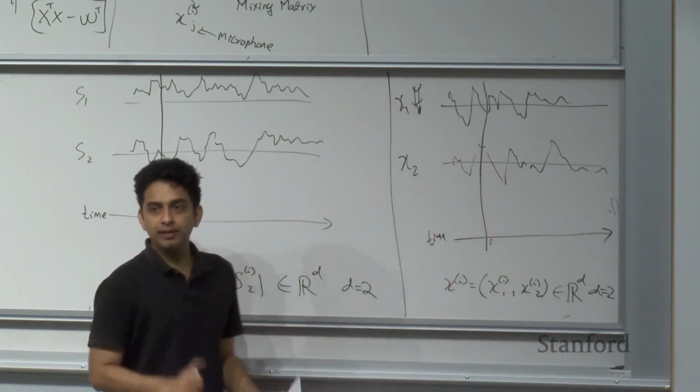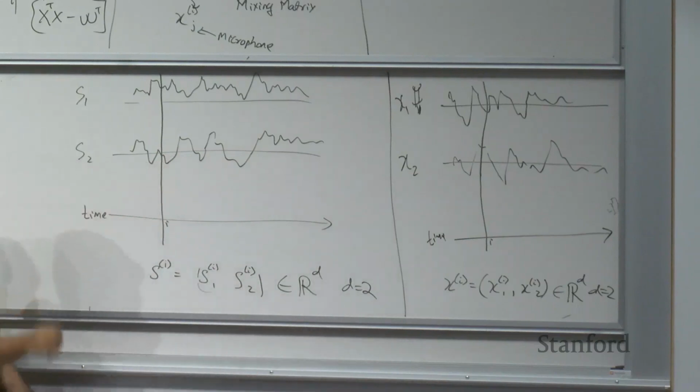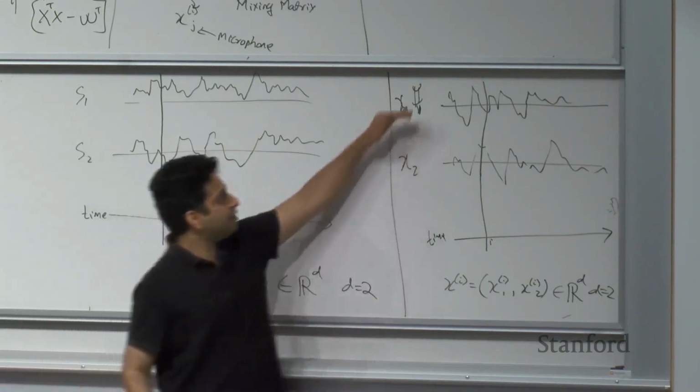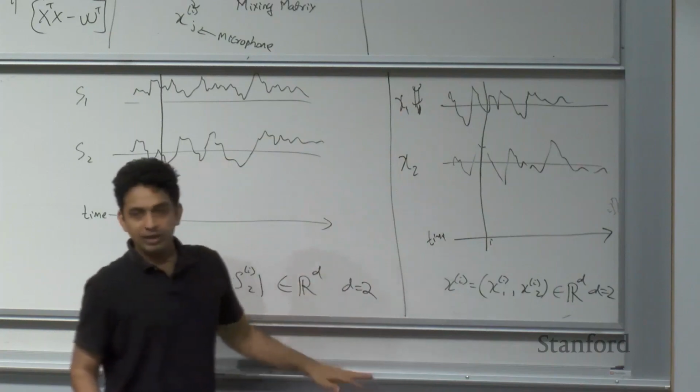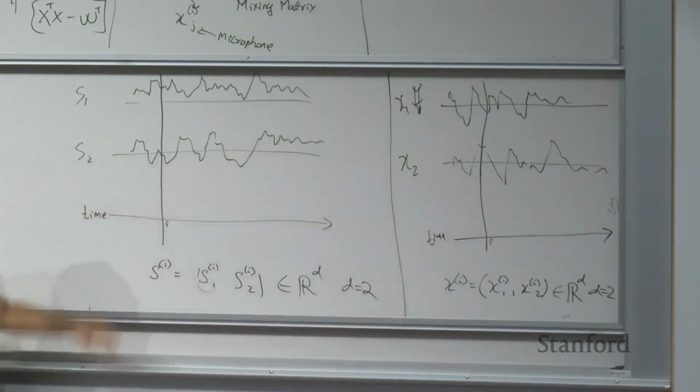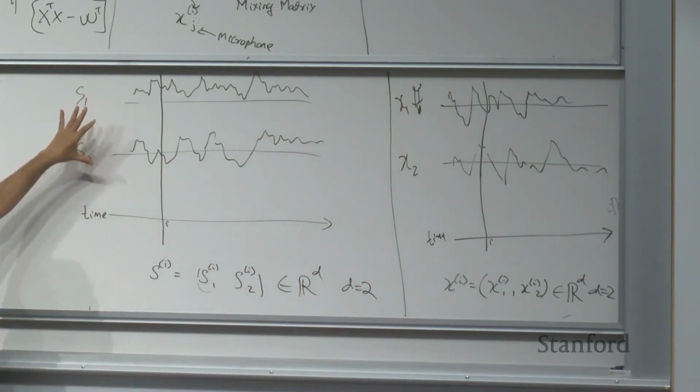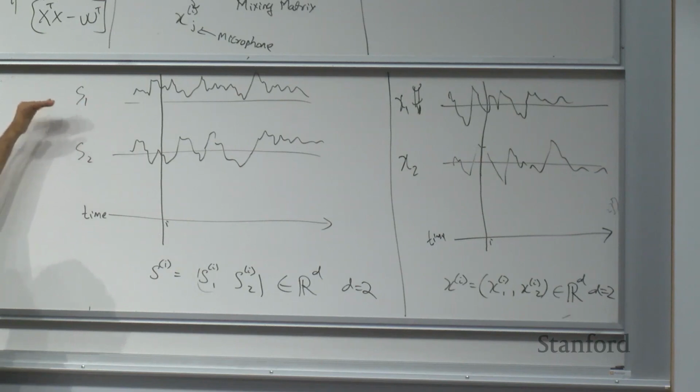We assume that there are the same number of speakers. And by only having these D different microphone recordings, we want to recover the original speech signal spoken by each speaker. Right? That's the setting in which we are operating.